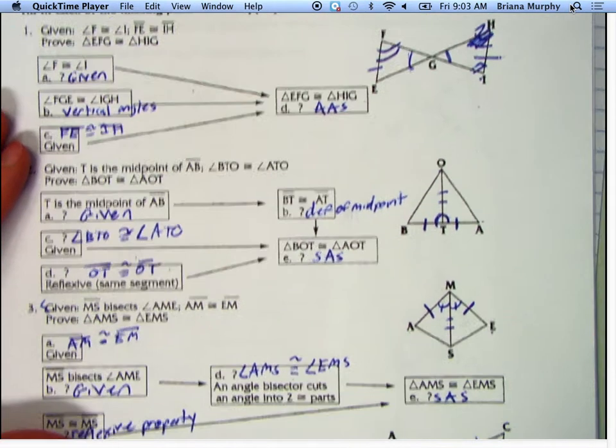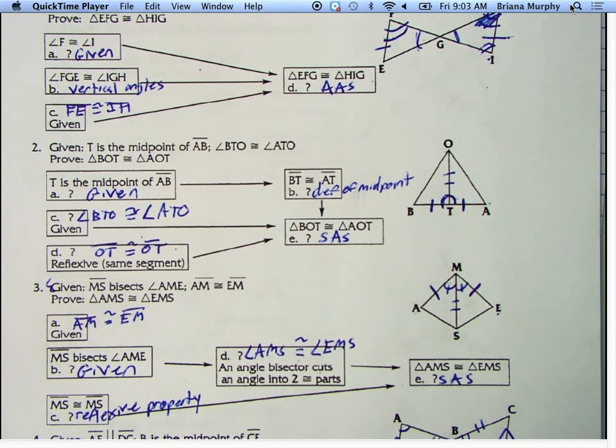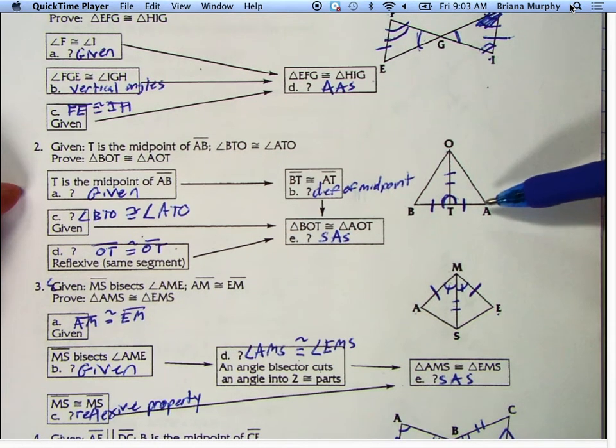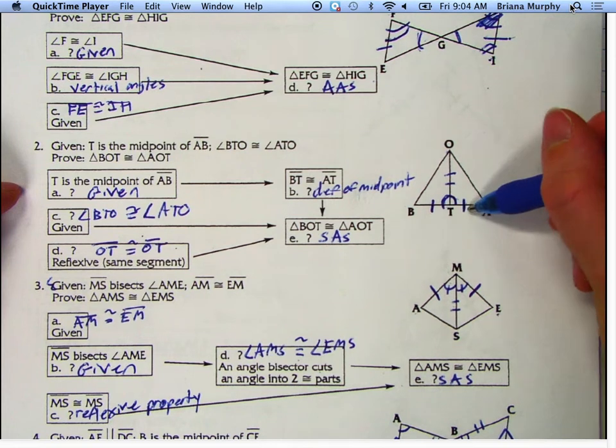Number 2. T is the midpoint of AB. I did not record it, so I'm just going to read it, and I'll go quickly. Okay, given T is the midpoint of AB, and BTO is congruent to ATO, I want to prove the triangles are congruent. So I know that if it's the midpoint, both sides of the midpoint are congruent.